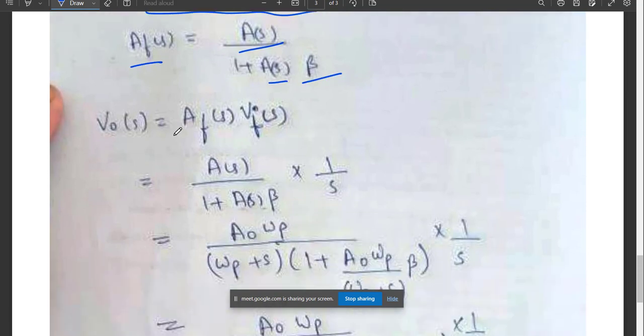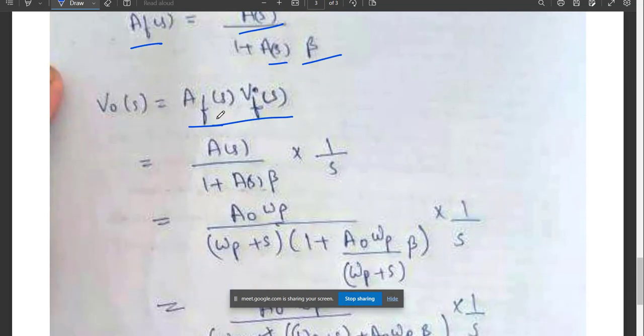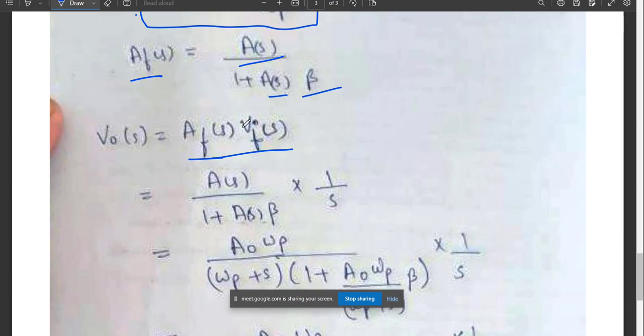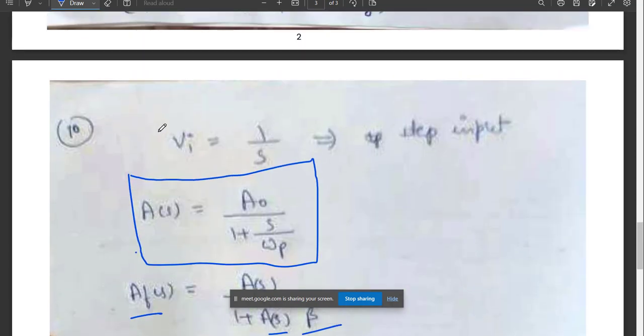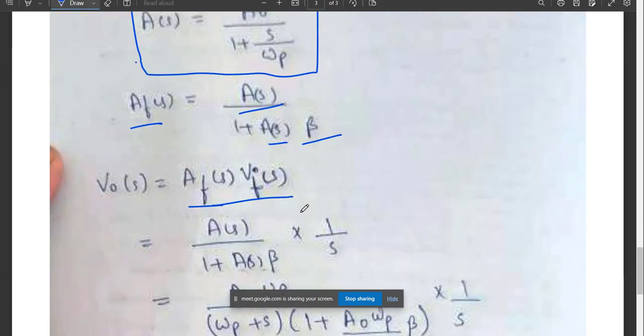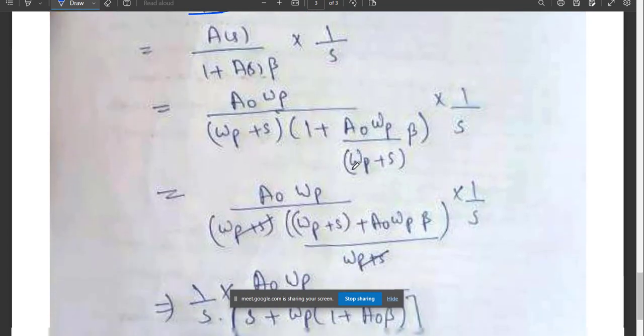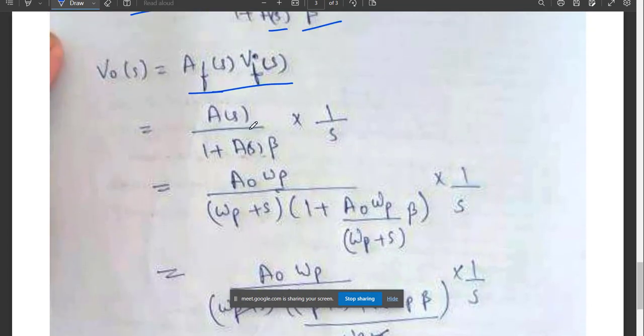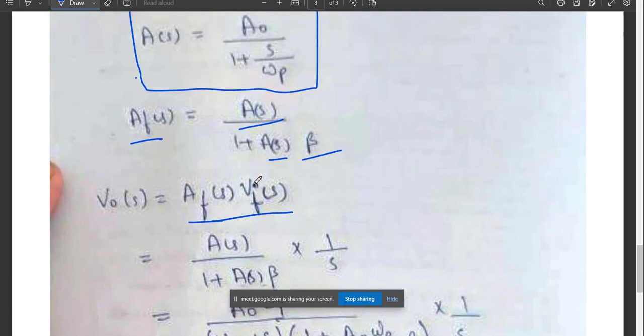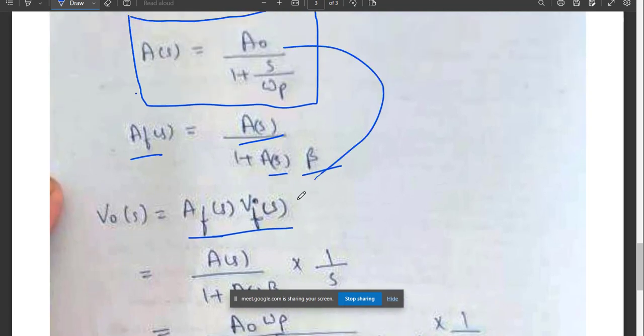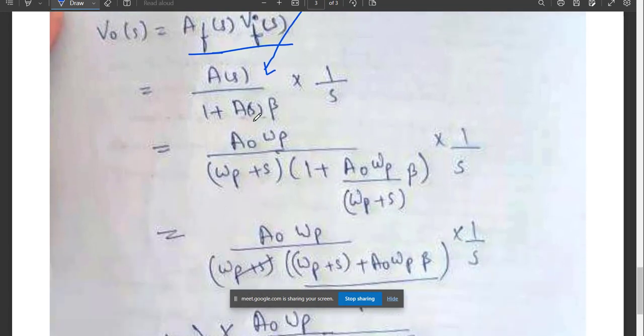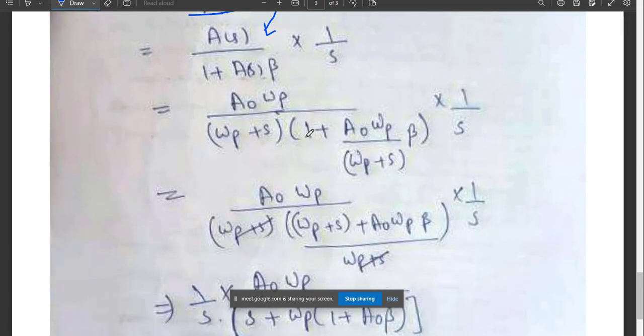V0 of S is A F of S into V input of S. We'll put all these values here, so V0 of S is A of S upon 1 plus A of S beta, into Vi of S, and Vi of S is 1 by S. Now we'll put the value of A of S from this equation.